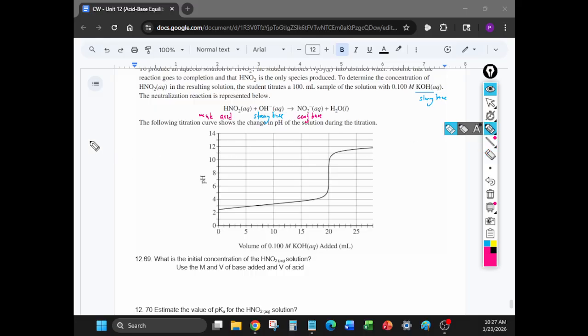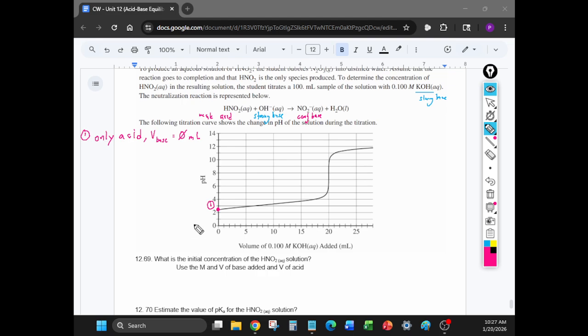So I'm going to write it right here. The first section is when you have only your acid, when the volume added is 0. So the volume of your base is equal to 0 milliliters. It's going to be this part right here. So this is going to be section 1.